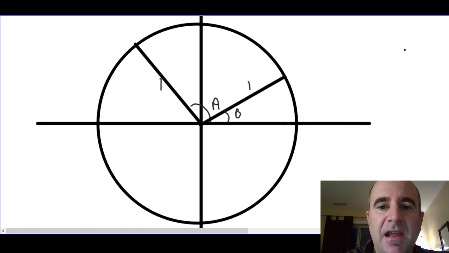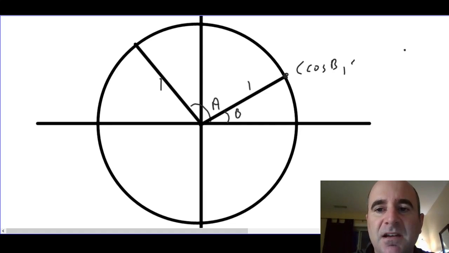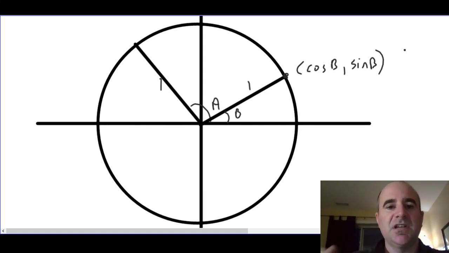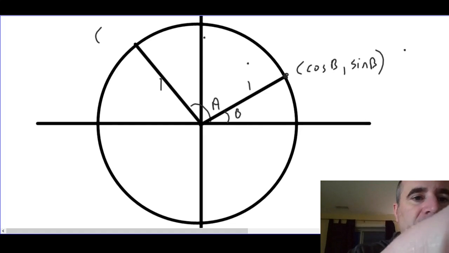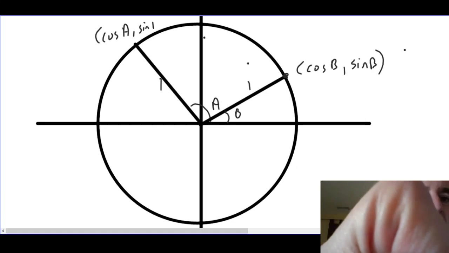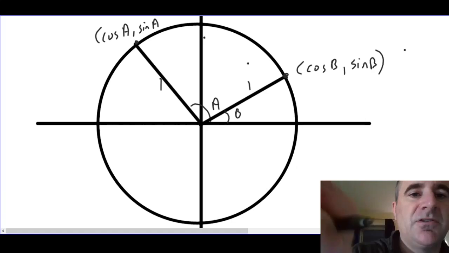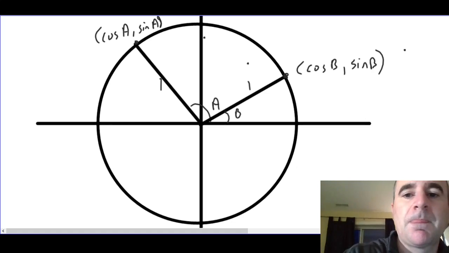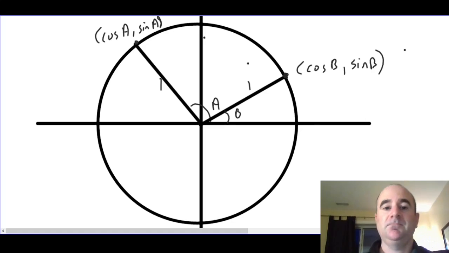So for example, angle B will always land on the cosine of B and the sine of B for its x and y coordinates. And then in a similar sense, for angle A, we have the cosine of A and the sine of A for the point that it lands on right here.